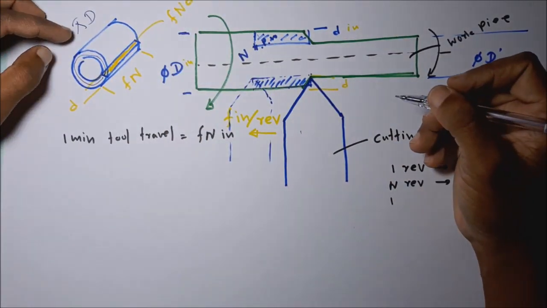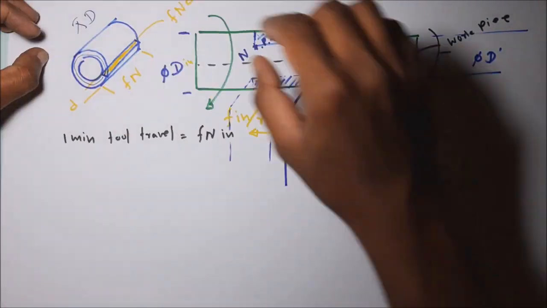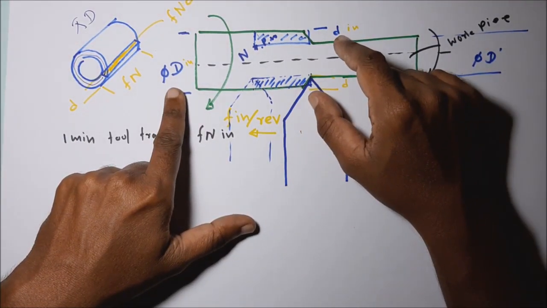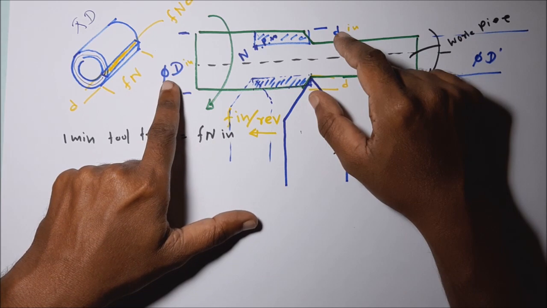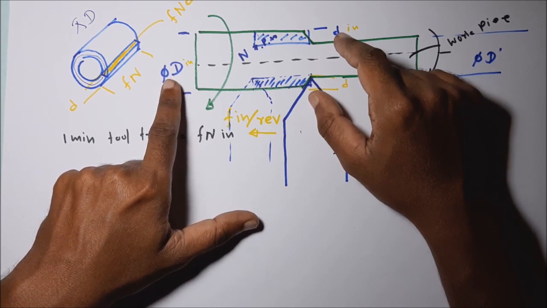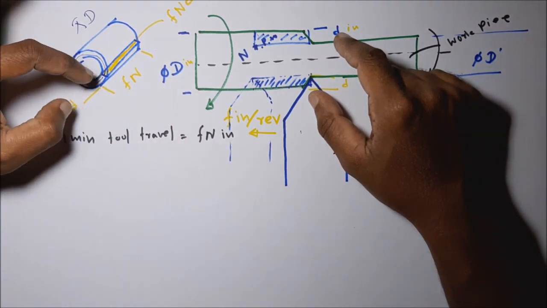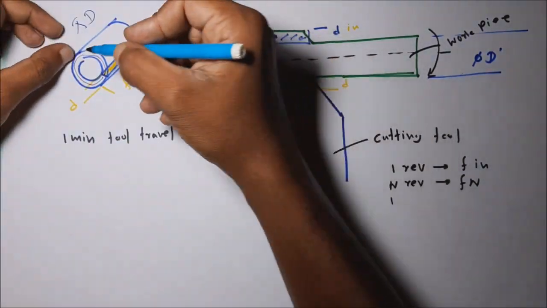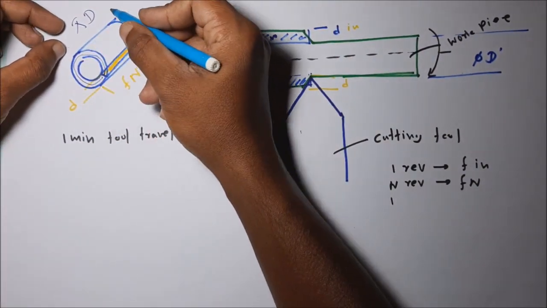That's why I made the first assumption: the simple D is very small compared to the capital D. So you can calculate the outer surface circumferential length, and that does not affect the calculation. So this circumferential length is equal to pi into D.